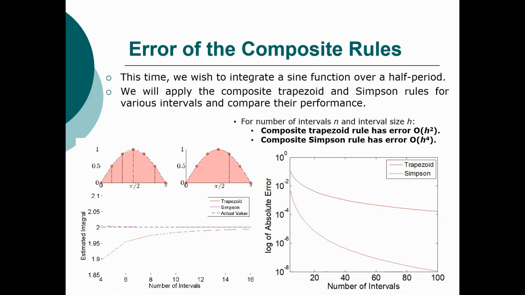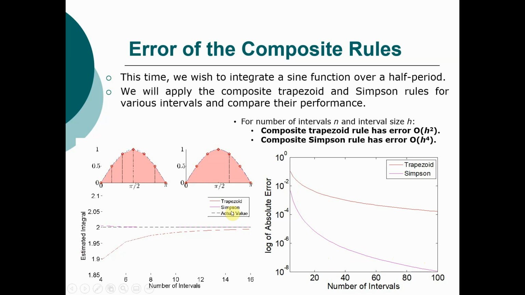It means that if you make h 10 times smaller, your error gets almost 100 times smaller. But for Simpson's rule, it's of order h raised to power 4. It means that if you make your h 10 times smaller, your error gets 10,000 times smaller. So that's another advantage of Simpson's rule.